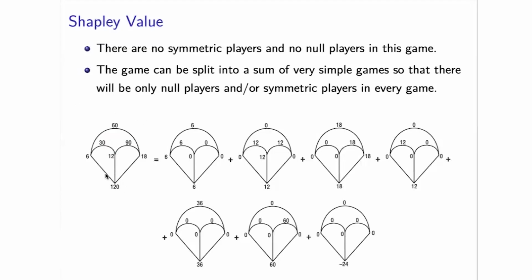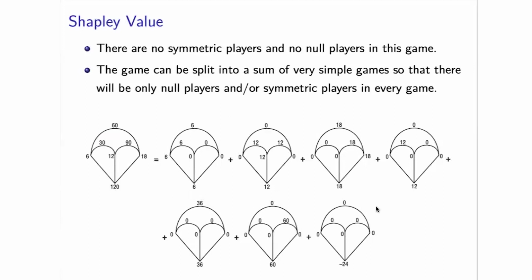And then what we are doing is splitting this up into actually 7 different games. So let us first note whether this is actually a split or not. For example, consider the original value of the coalition 1, 2, 3 in the original game, which was 120.